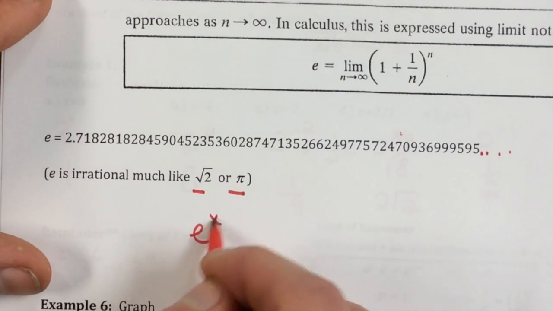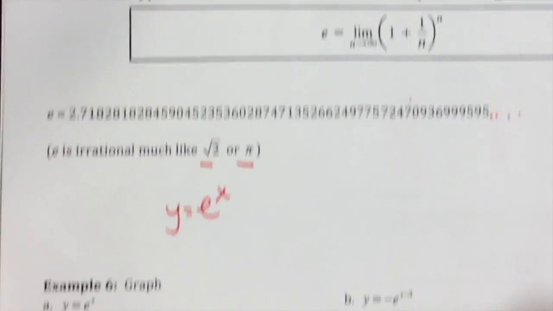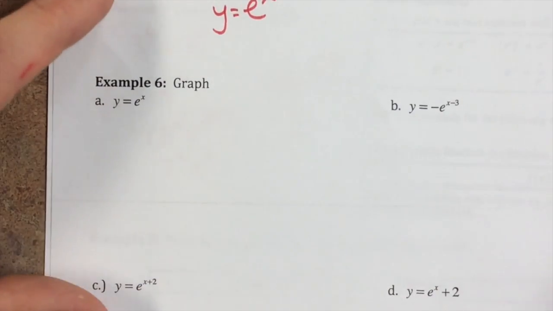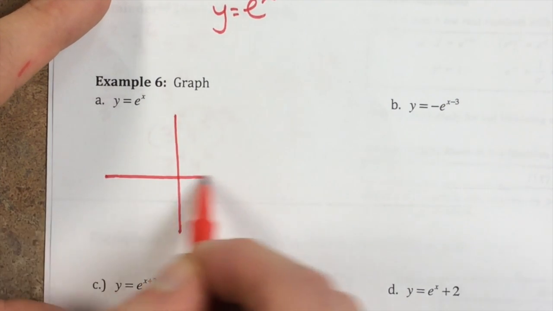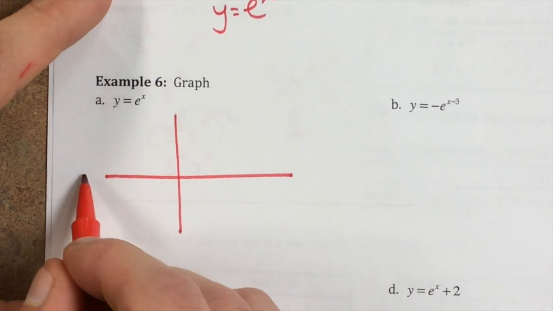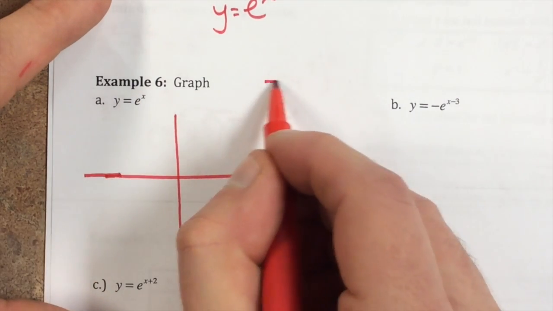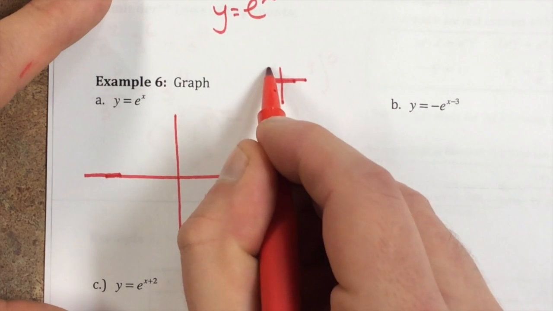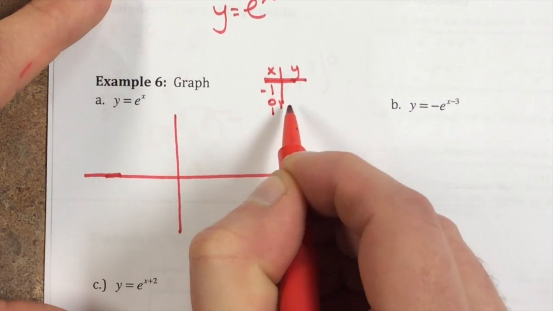So we are going to be looking at what y equals e to the x looks like. Let's first start off with graphing it. Our base is e. If we make our little chart, let's just look at -1, 0, and 1.